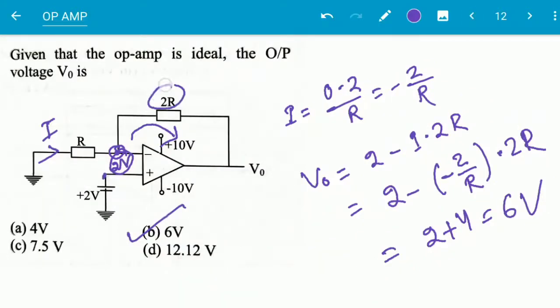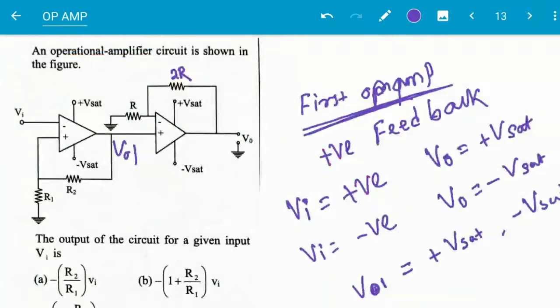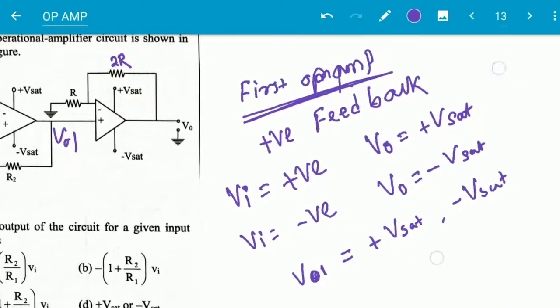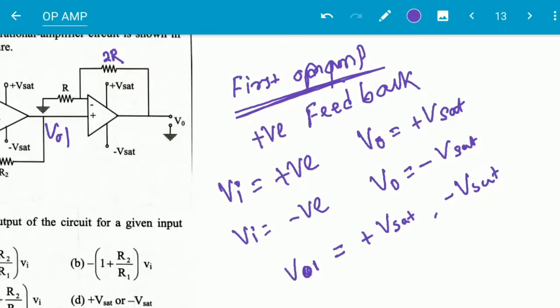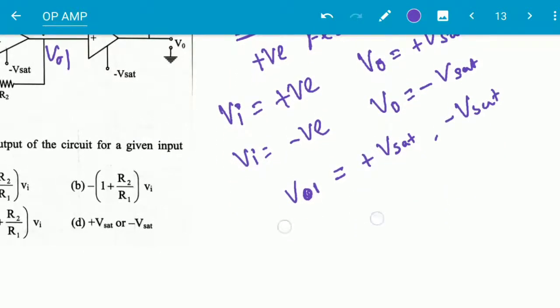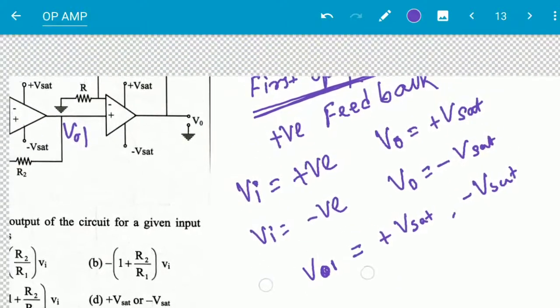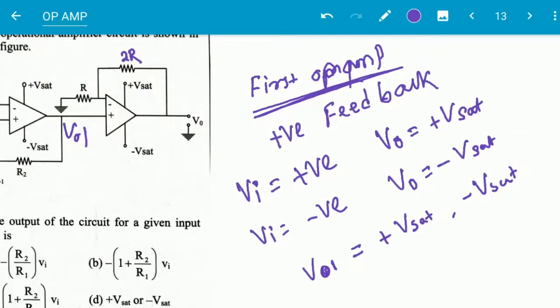This is 2R and this is R, and what is coming here will be minus 2 into the input voltage. So I can put here V01.